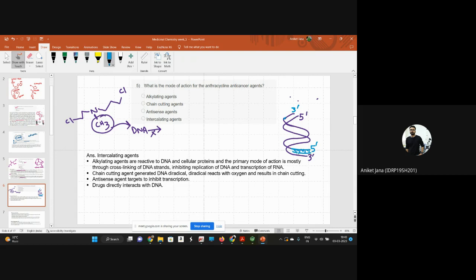It is chemically synthesized. We are intentionally putting this chemical structure in to stop the replication and transcription of the DNA and RNA, to inhibit the cancer mechanism. Okay, so these are the three strategies, and the last one is the intercalating agents.